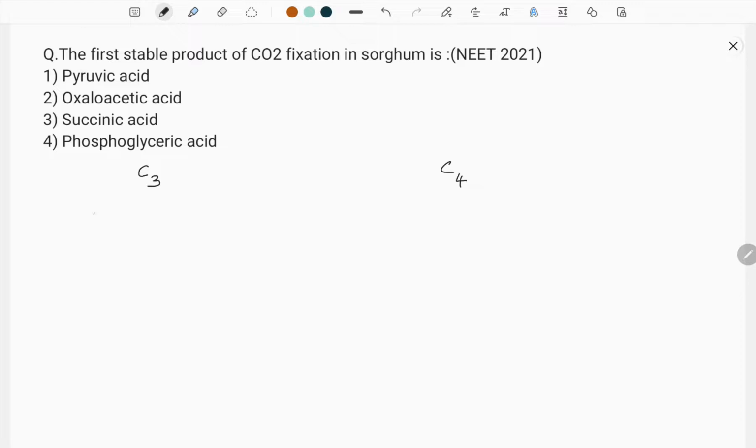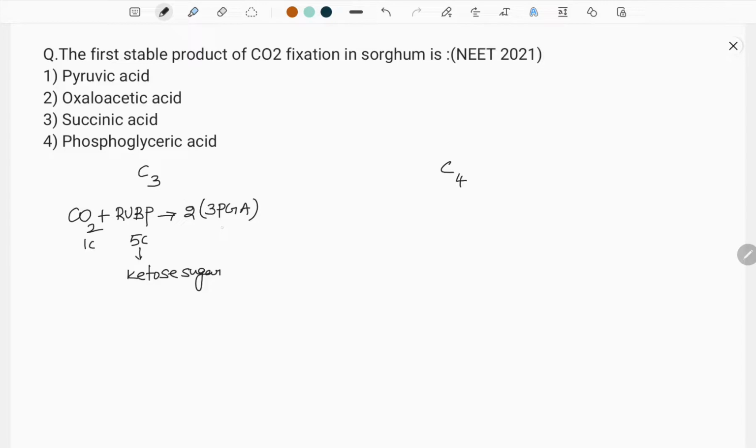In C3, when carbon dioxide is accepted by RuBP, that is ribulose 1,5 bisphosphate, this RuBP is a ketose sugar. It is a pentose, and this is one carbon. It gives rise to two molecules of 3-phosphoglyceric acid.